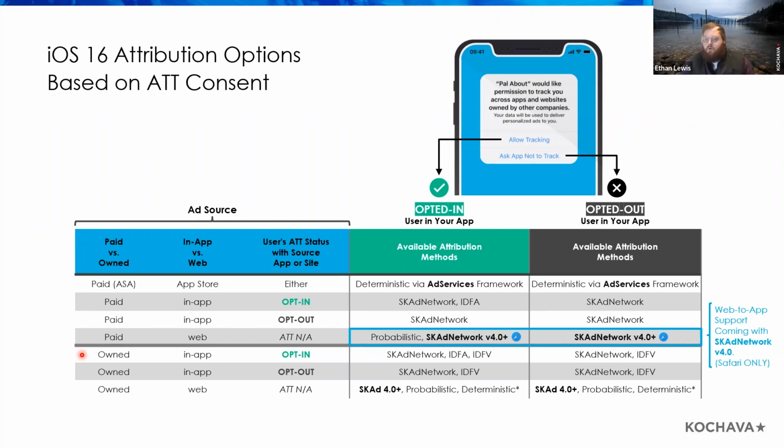I think that becomes more and more important as we start to see more channels coming into SKAd, where in this latest release, we see the web to app also being added in. So that could be an avenue where you historically would see more data being driven from an owned media standpoint on getting interaction for the installs to be taking place.